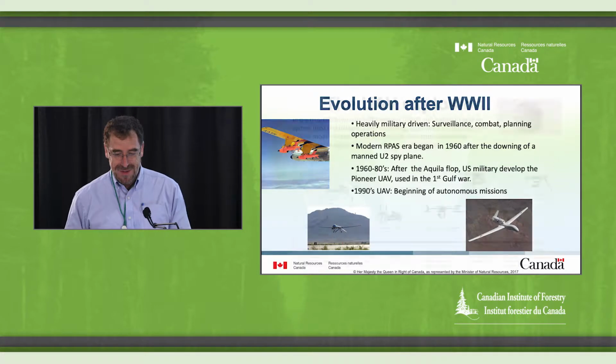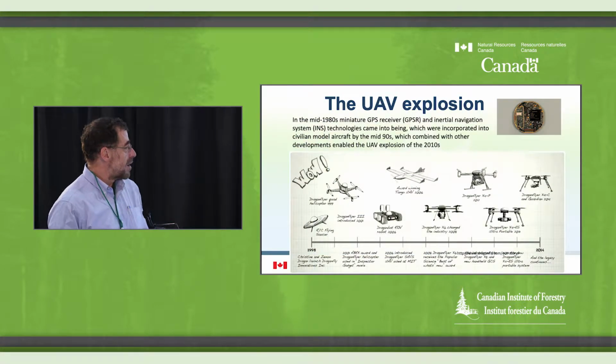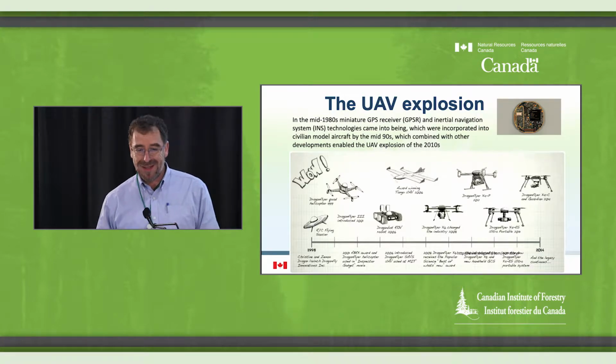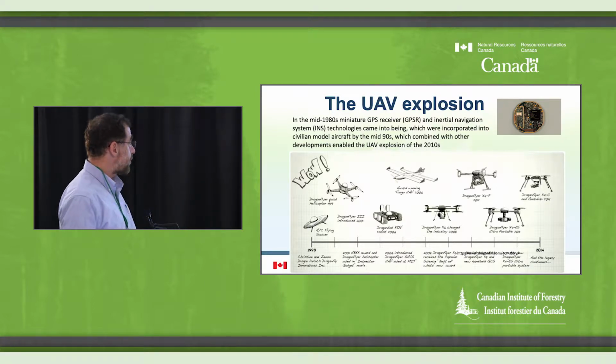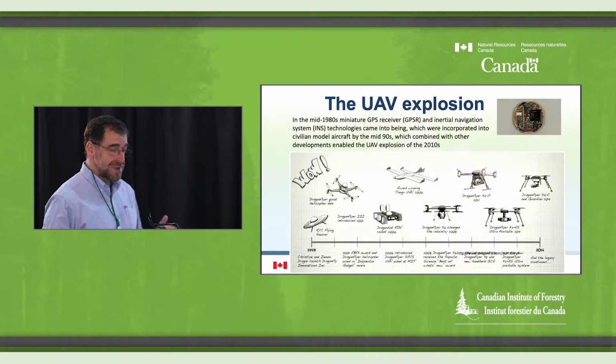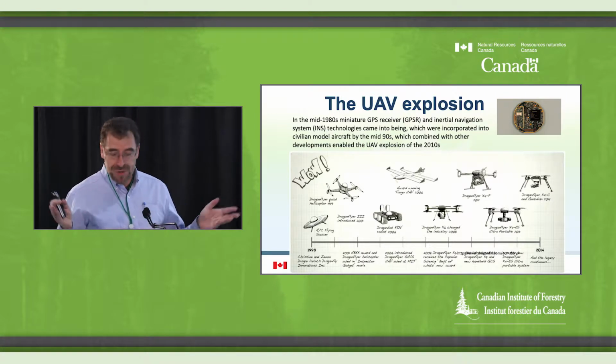There were a lot of advances, but probably the most significant was the miniaturization of GPS receivers and inertial navigation systems, which allowed this technology to be put into a model aircraft. From there on, there was an upswing.